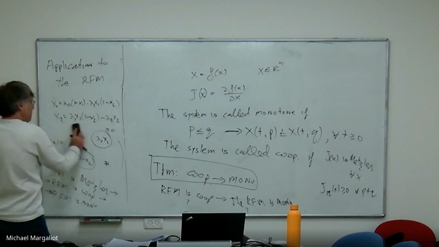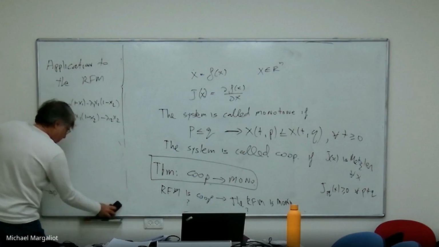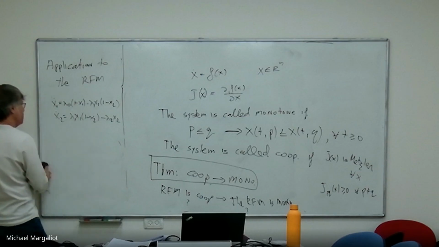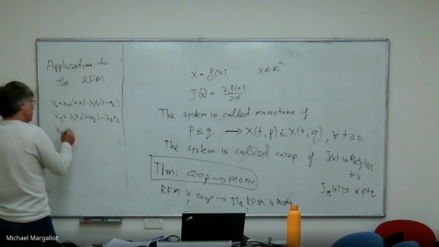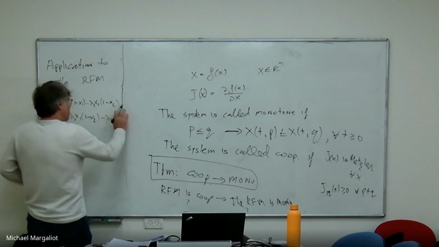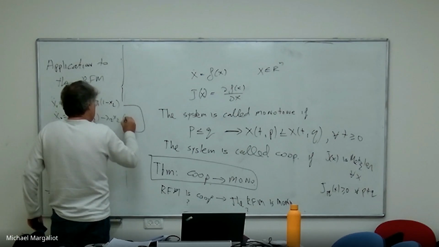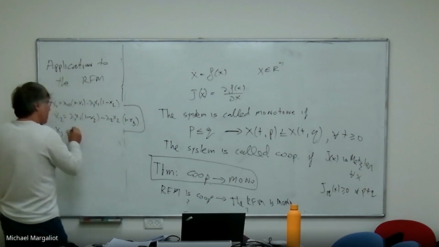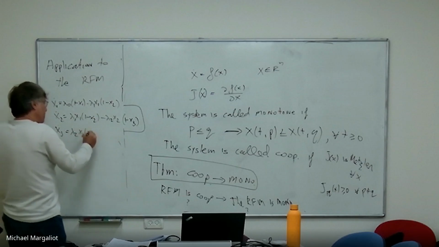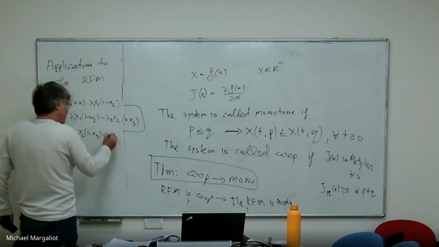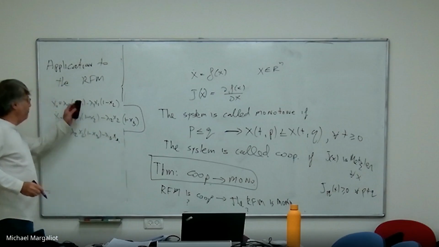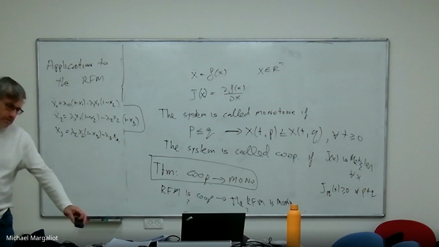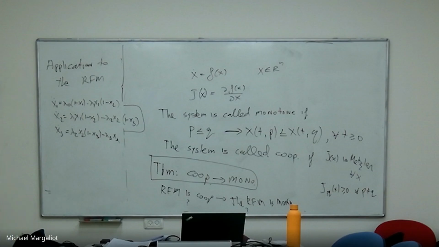So let me now switch to the RFM of dimension 3, just because I need another state variable. Again, everything I say is for any dimension. But I will often demonstrate things using low dimension systems, but everything I say is for the n-dimensional RFM.